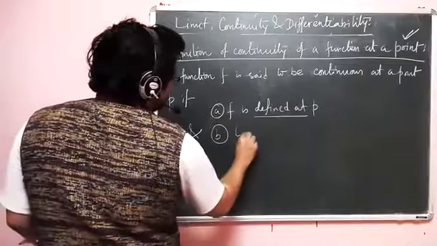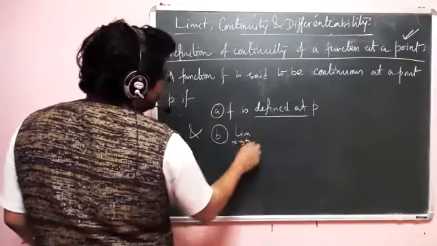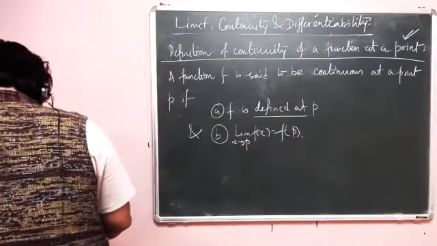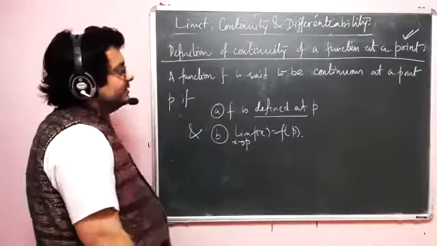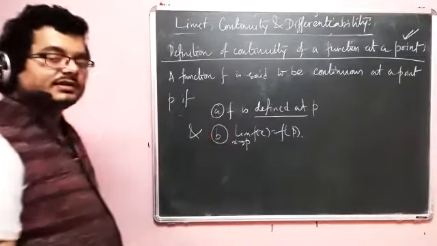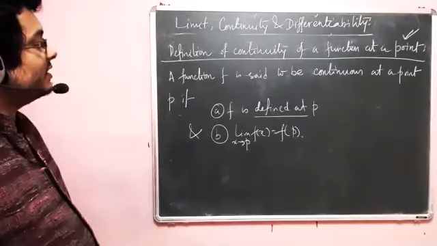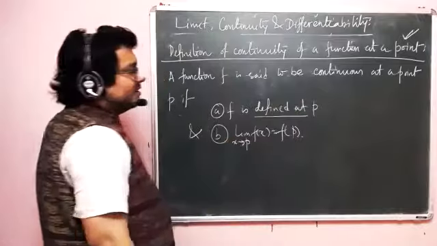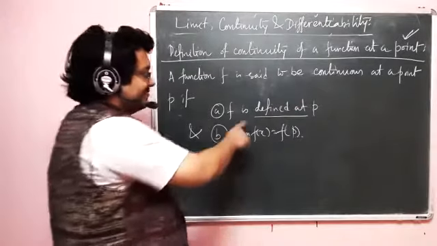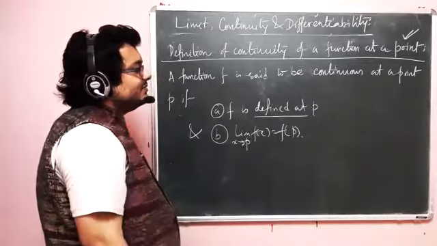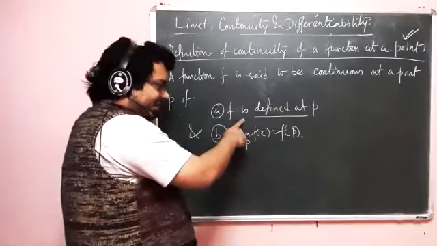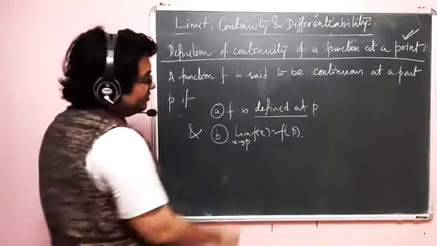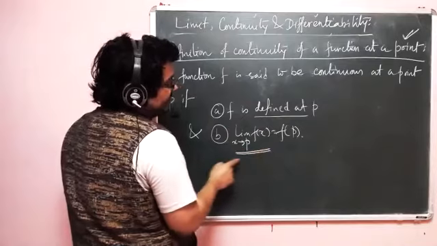B is limit x tends to P, f of x equals f of P. The reason this line is generally omitted when you first come face to face with the idea of continuity is that the functions you dealt with were generally defined at P.